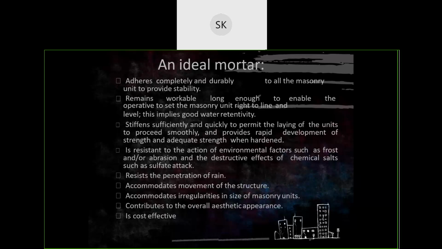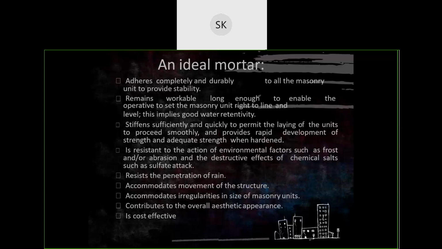Then, what should an ideal mortar be? These are the characteristics of a mortar. It adheres completely and durably to all the masonry units to provide stability. It should remain workable long enough to enable the operative to set the masonry unit right to line and level.